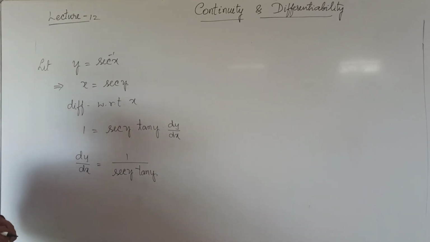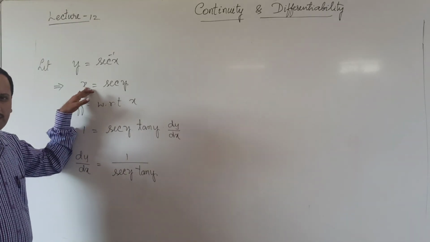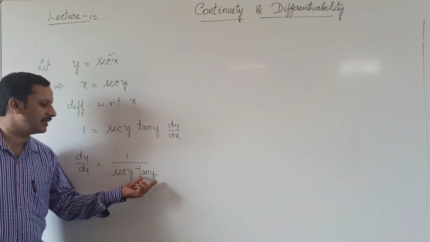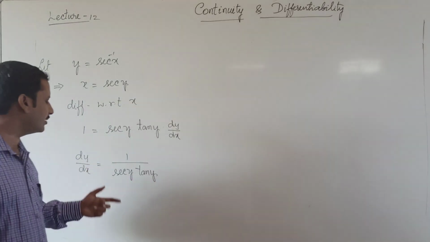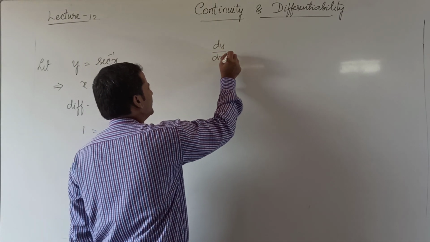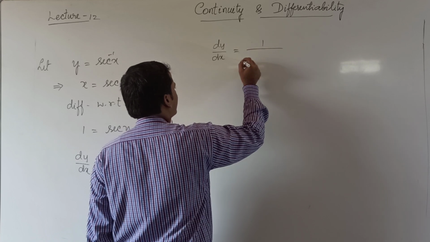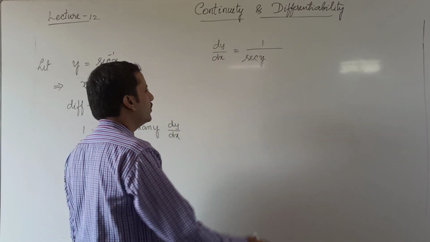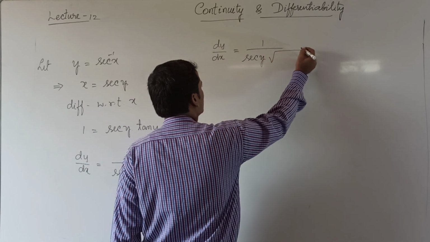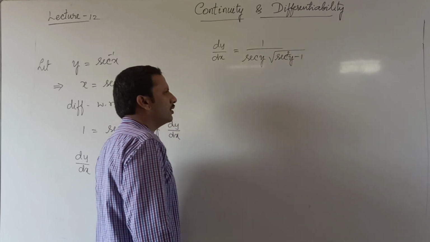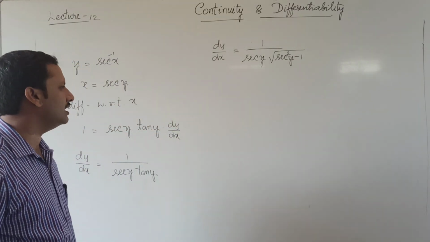Okay, now I want to express them in terms of secant y, in terms of x. I will keep this secant y as it is, and I will write the tan y in terms of secant y. Tan y can be written as the root of secant square y minus 1.